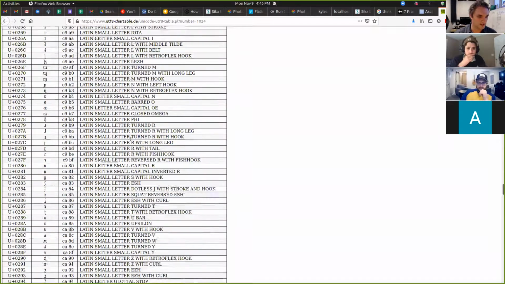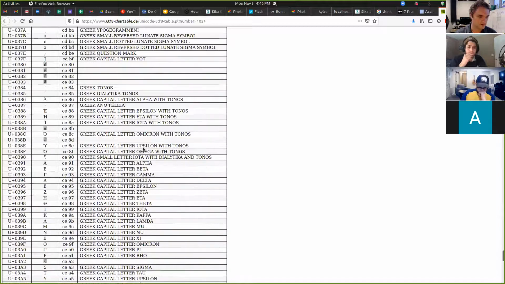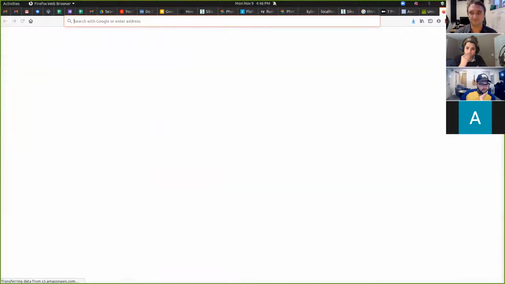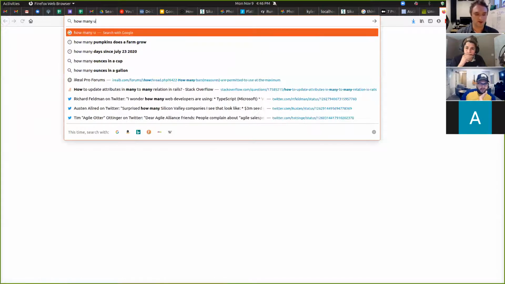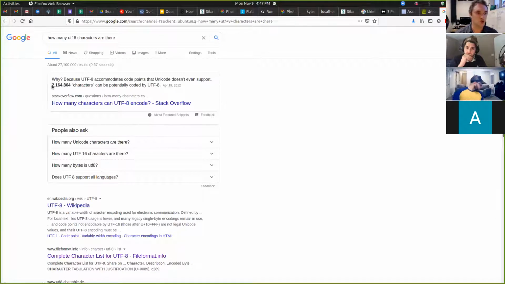Look at all these things. All right, well, surely it can't have every character. How many UTF-8 characters are there? 2,164,864. Yeah, it can have every character. Also, all the emoji are UTF-8 characters.